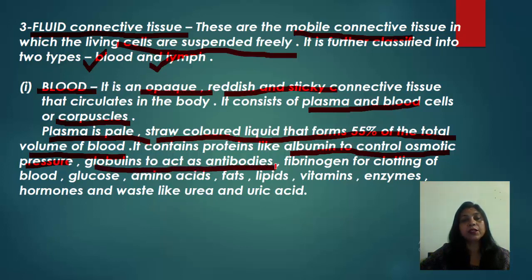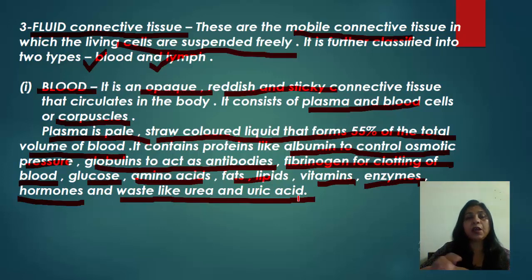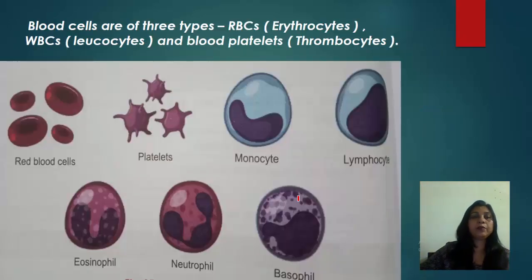globulin to act as antibodies, fibrinogen for clotting of blood, glucose, amino acids, fats, lipids, vitamins, enzymes, then hormones and waste like urea and uric acid. Means this plasma, these things they are present in plasma.